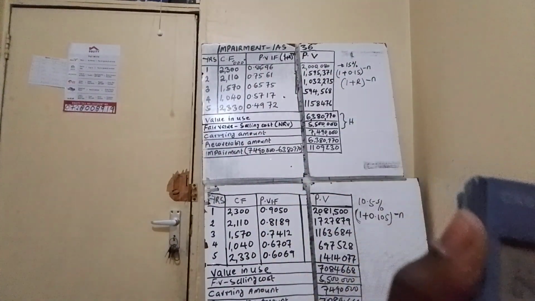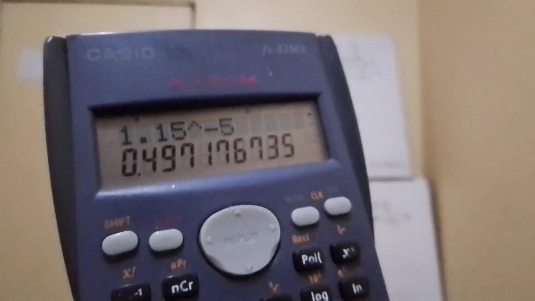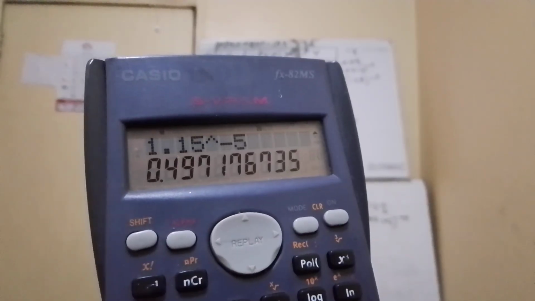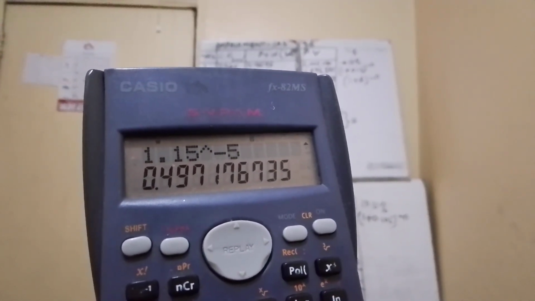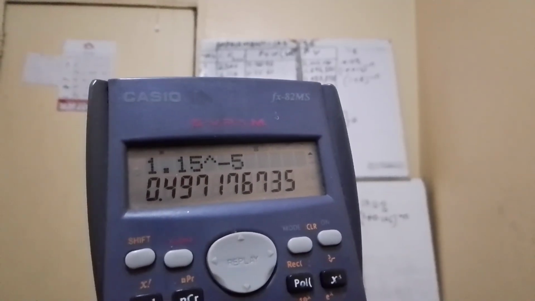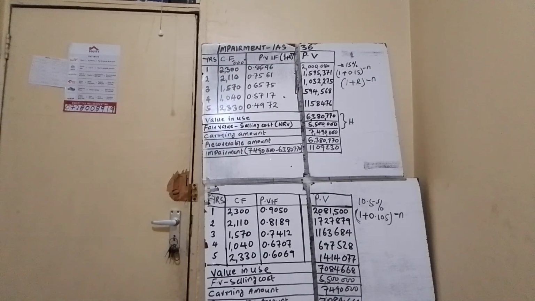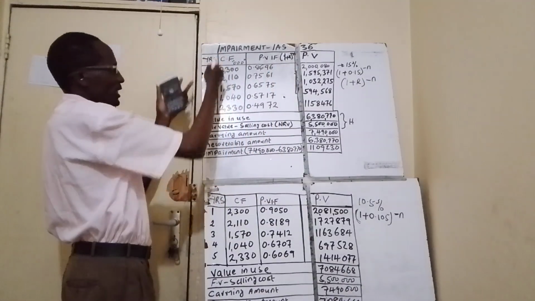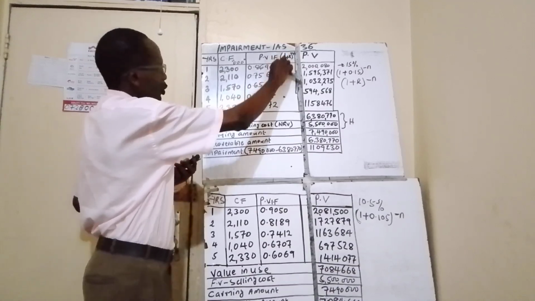Able to see that? 1 plus 15%, which is the same as 0.15, to be 1.15 raised to negative 5. You get 0.44971. So this number here. So the rest, you just keep raising by the number of years. Make sure it is negative because you are calculating present values. So that is how you got this.